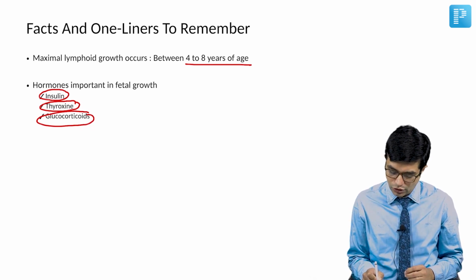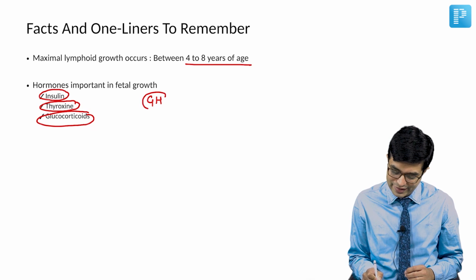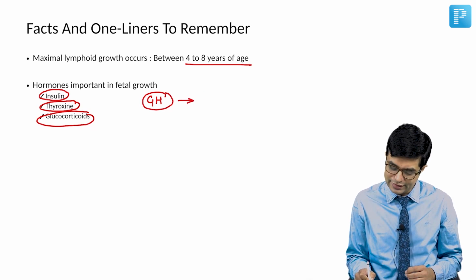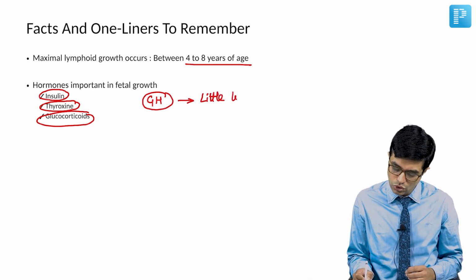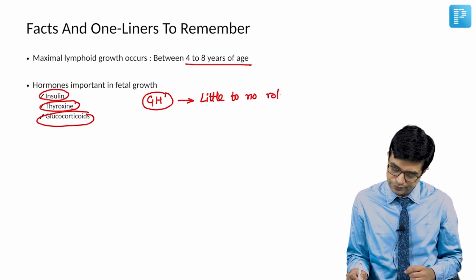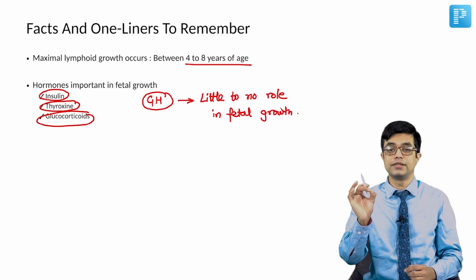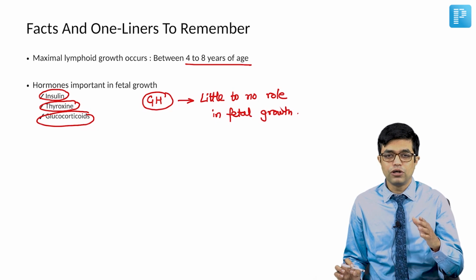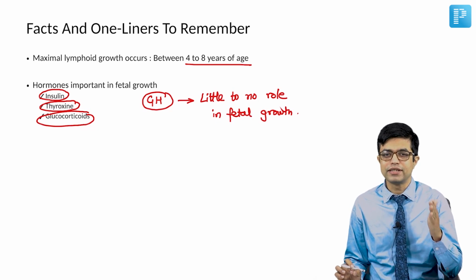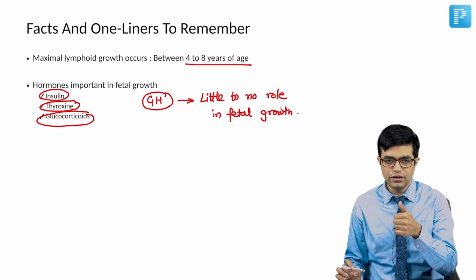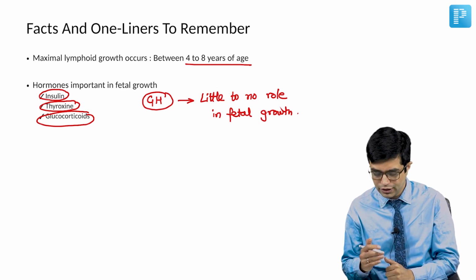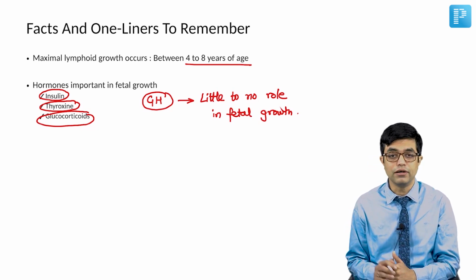Remember that although growth hormone is detectable in a fetus, it has little to no role in fetal growth. An MCQ can be asked in the super specialty exam: all of the following have a major role in fetal growth except, with 4 options, the odd one out, and the answer will be growth hormone. It has no role in a fetus.